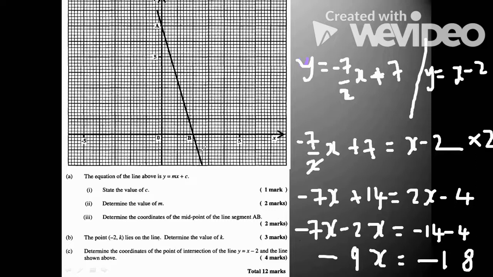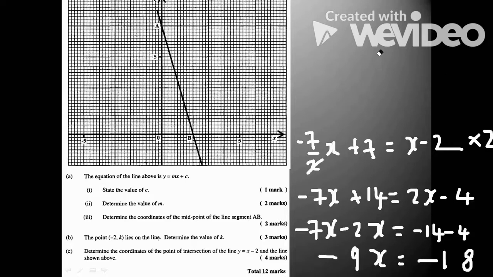So we're going to divide everything by negative 9.